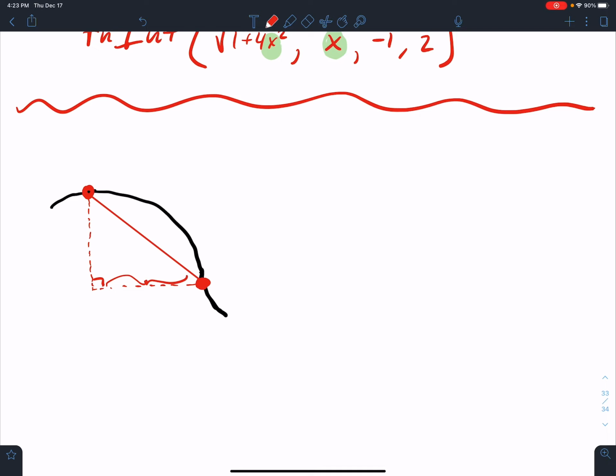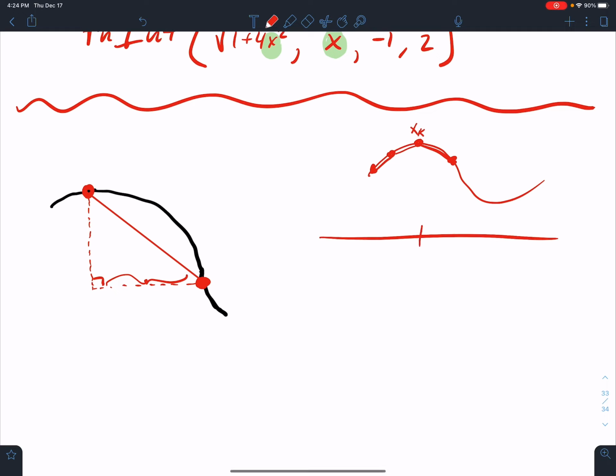Let's say I have my line here, and I have all of these random segments, infinitely many, but then let's say there's some arbitrary xk value.